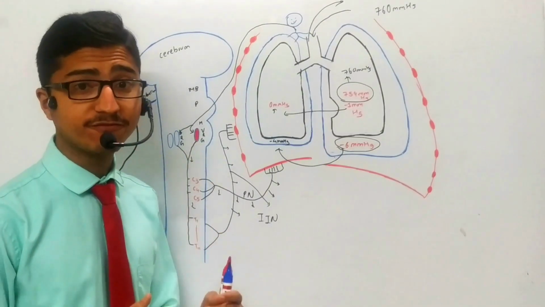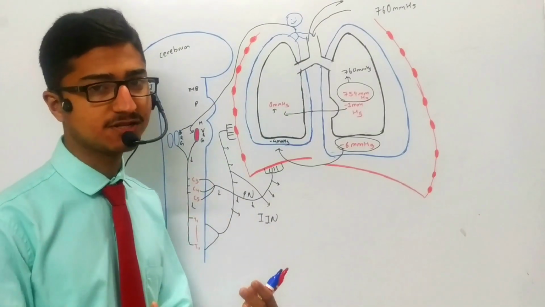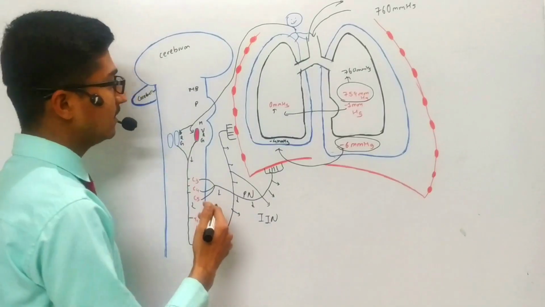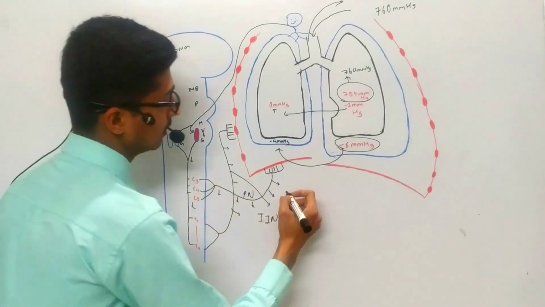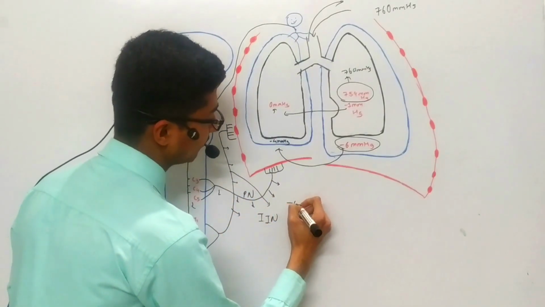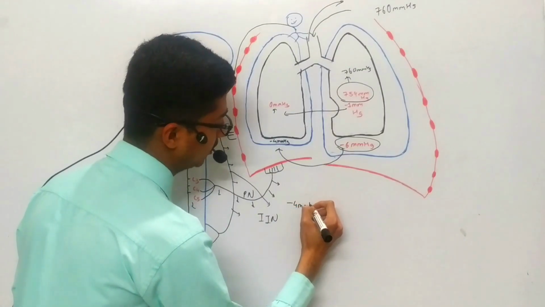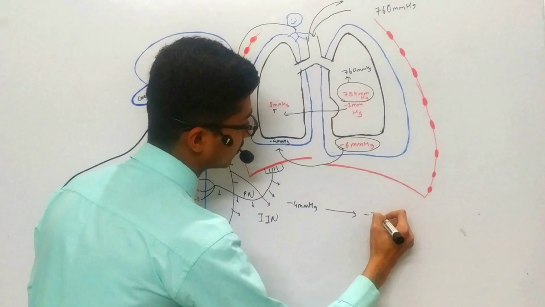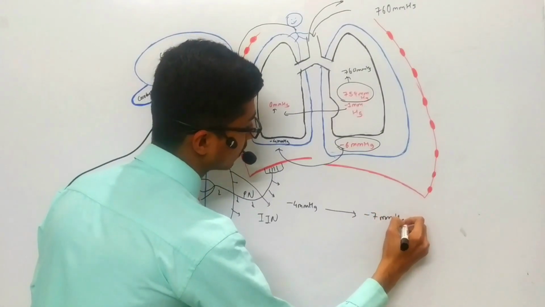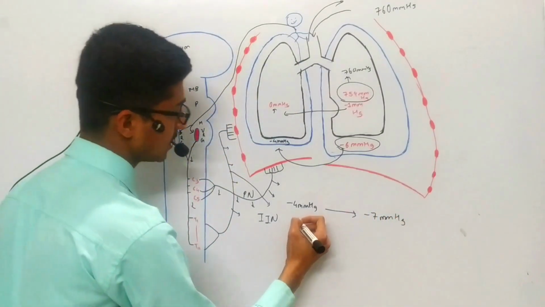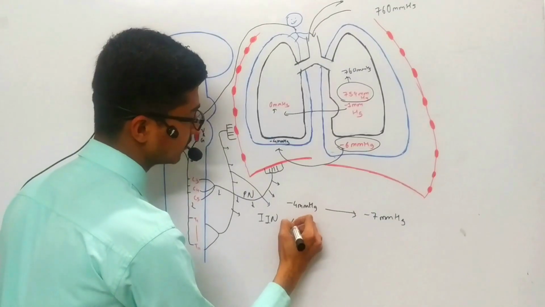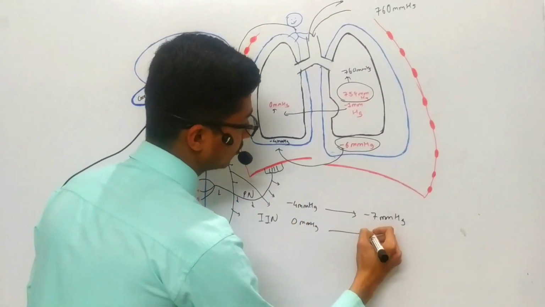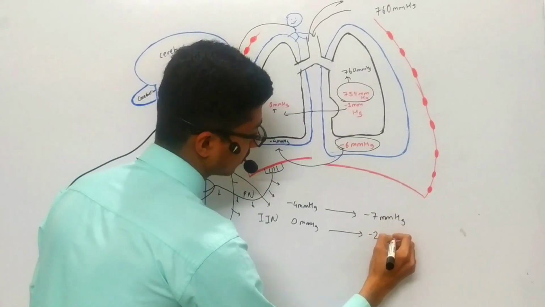Up till now, we talked about quiet inspiration as well as quiet expiration. What happens when we are doing a forced inspiration as well as a forced expiration? During forced inspiration, the pressure inside the pleura, which was -4 mm of mercury, might reach up to -7 mm of mercury. And the pressure inside the lungs goes from 0 mm of mercury to about -2 mm of mercury.